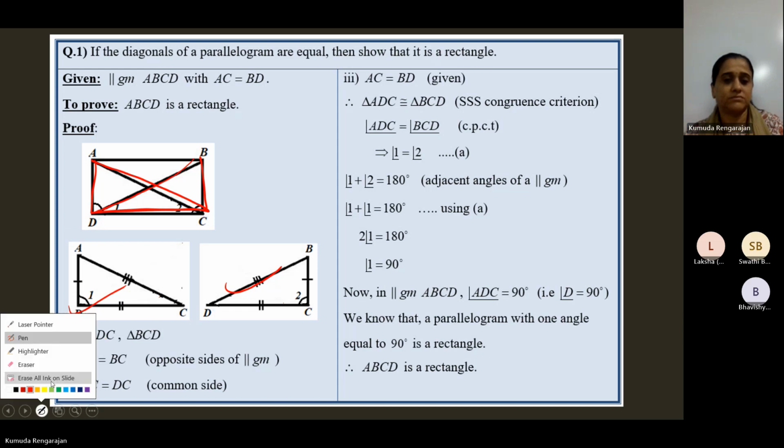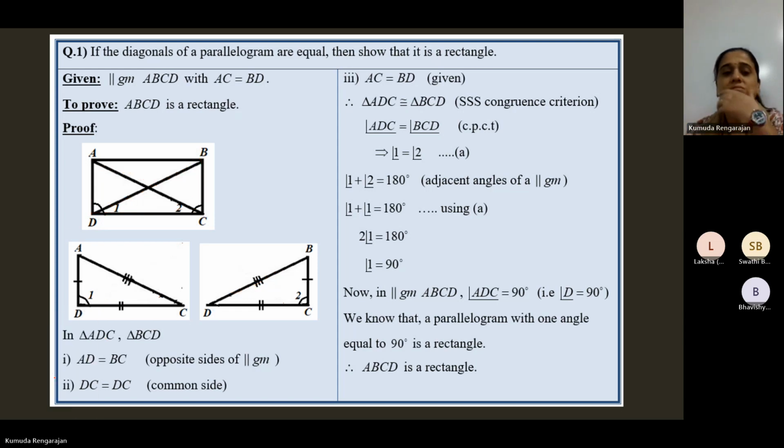Okay. So this side is equal to this side because opposite sides of a parallelogram are equal. Common side, diagonal AC is equal to diagonal BD, given. SSS rule, the triangles are congruent. You should know how to name the triangles in the correct order.